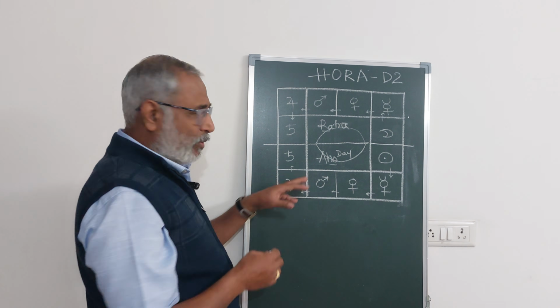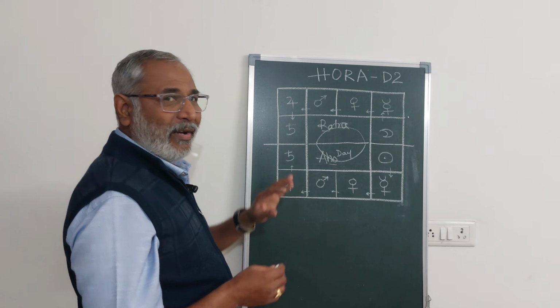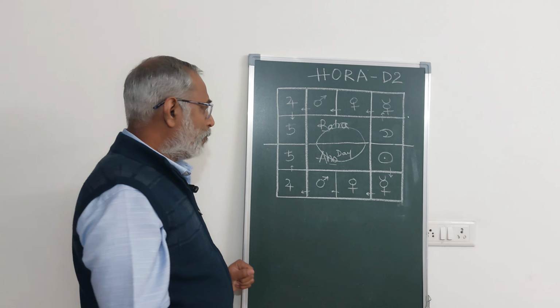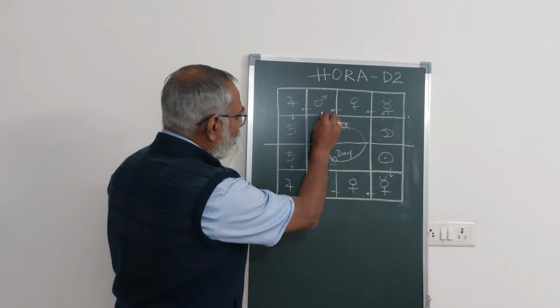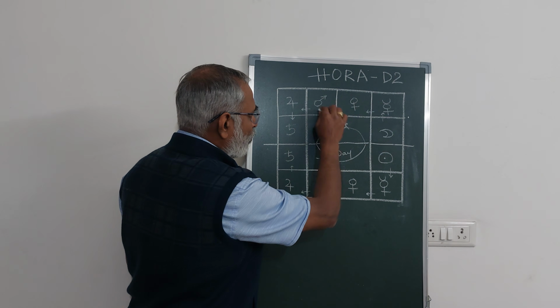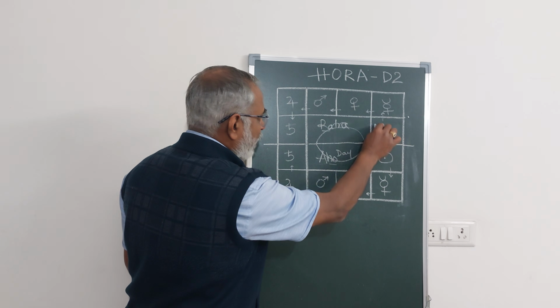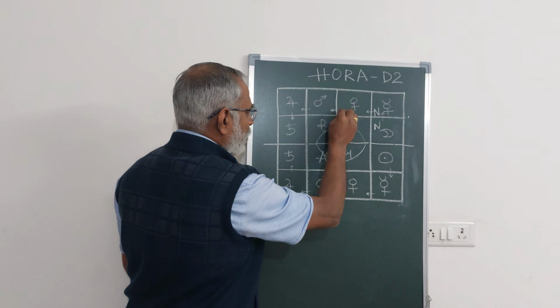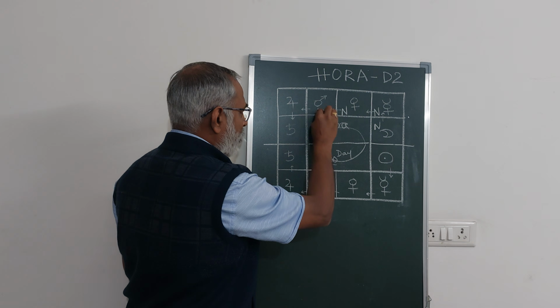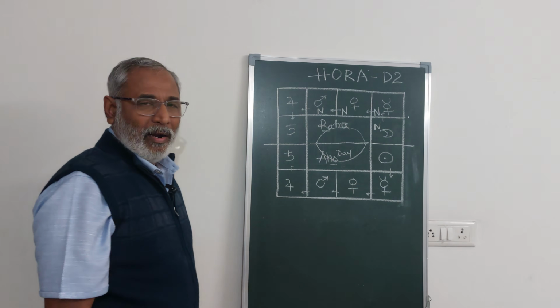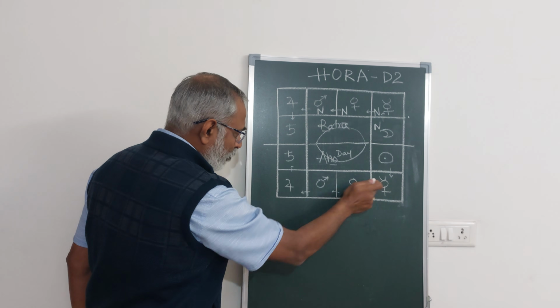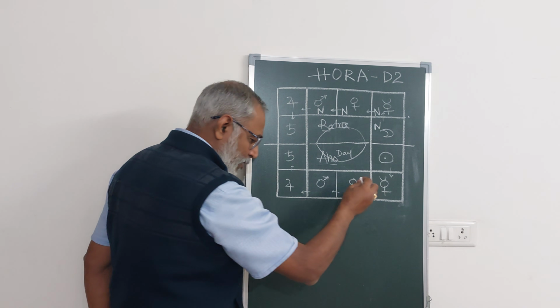So now coming to the day and night allotment. The 4 Rashis starting from Moon are allotted the night. And the 4 Rashis starting from Sun are allotted the day.